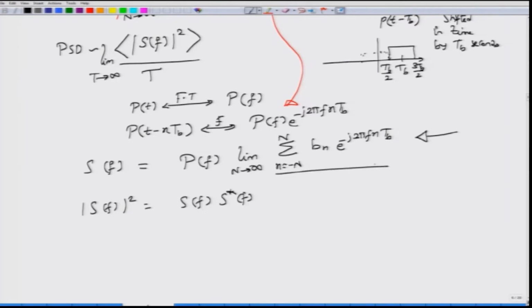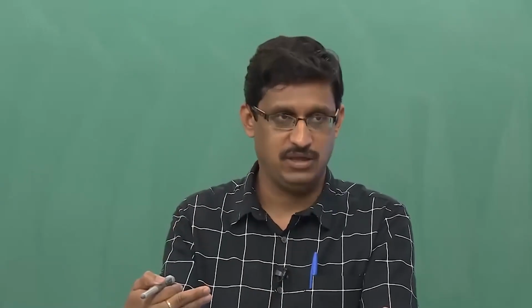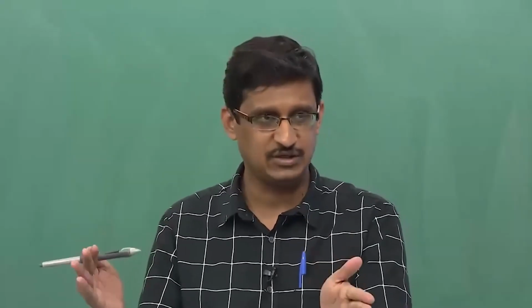When you have a summation like this, if you want to take the square, you have to actually put one more summation, because it is like a plus b and you want to take the square of that. So, you can obtain that by writing a plus b, then multiplying it by a plus b. So, you get a square plus ab plus ba plus b square. That is the actual way of writing it.